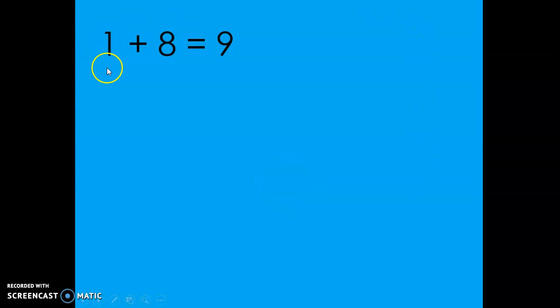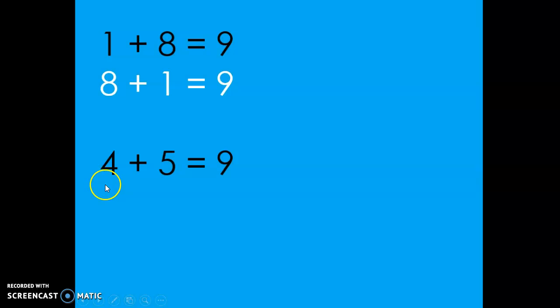This is the first one that I thought of. 1 plus 8 equals 9. Well, I know that to be true, and since we're doing addition, we can think of the switcheroo that also equals 9. Do you know what the switcheroo is that also equals 9? Right, 8 plus 1 equals 9. Do you see how we just switched those numbers? But both of them equal 9.